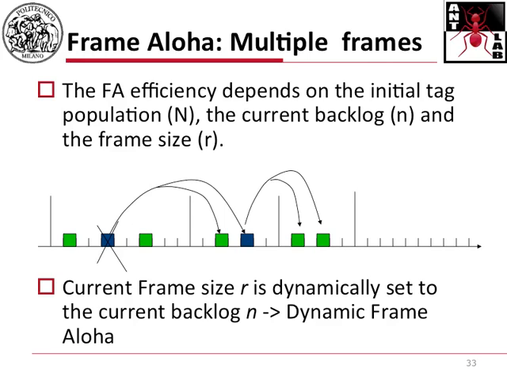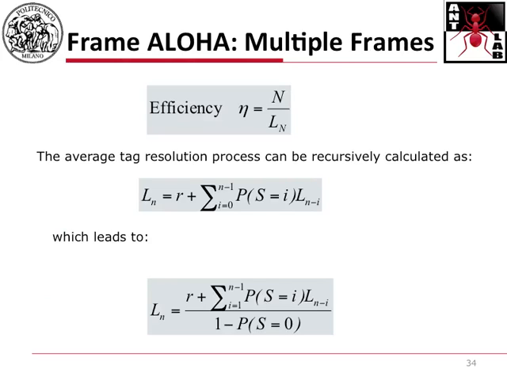Okay? So, unfortunately, there's no closed-form expression for the efficiency of multi-frame Aloha. But luckily, there is an iterative formula which tells you how the efficiency of the multi-frame Aloha can actually be calculated. Okay? Which is the one you see in the slide.